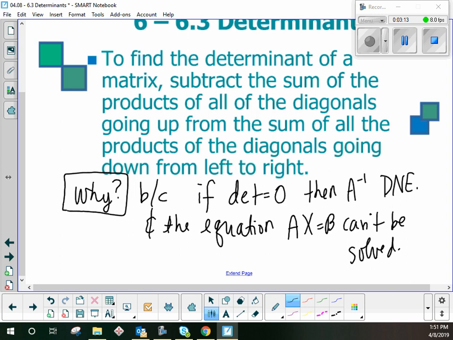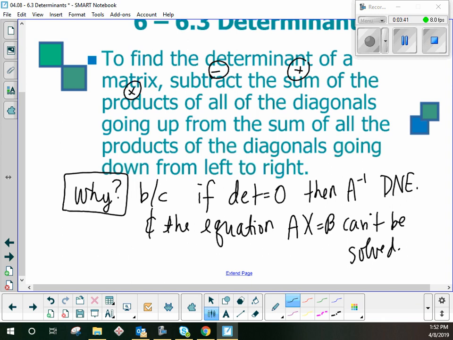The goal of today's lesson, our I will statement for today, is to evaluate the determinant of this 3x3 matrix. We're going to find the value of the determinant. But going back to these words: to subtract, what does that word subtract mean? Take away, right? Means subtract. What does sum mean? Sum means we'll be adding. Product means which operation?